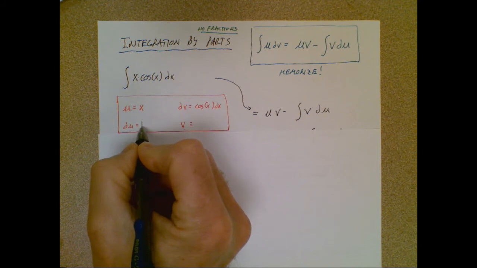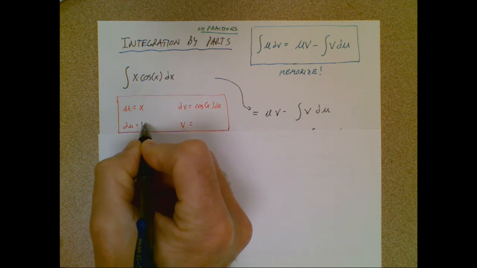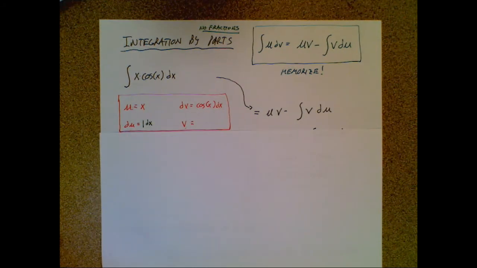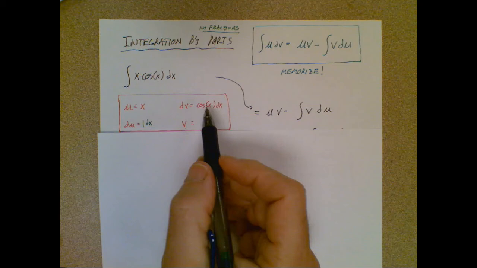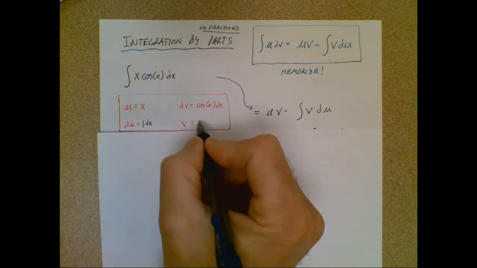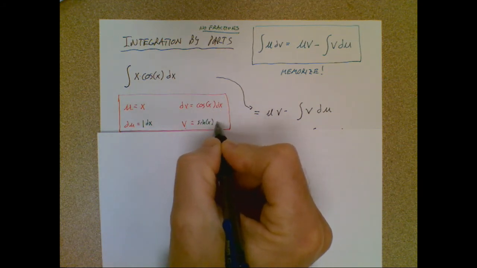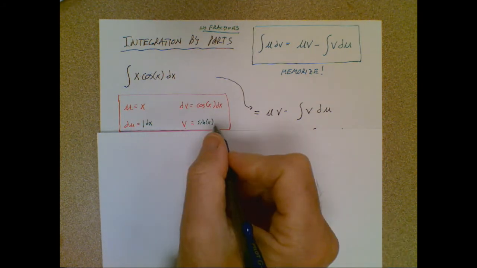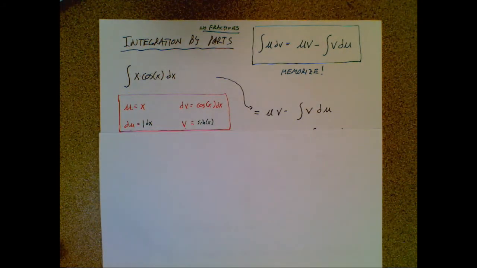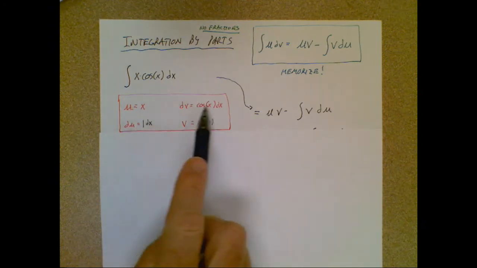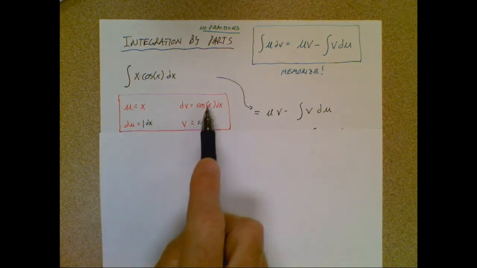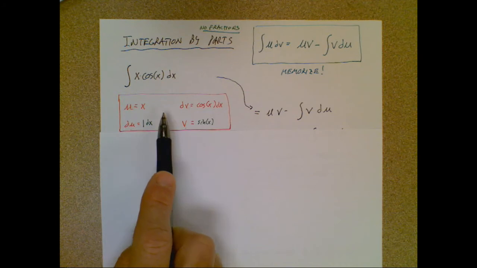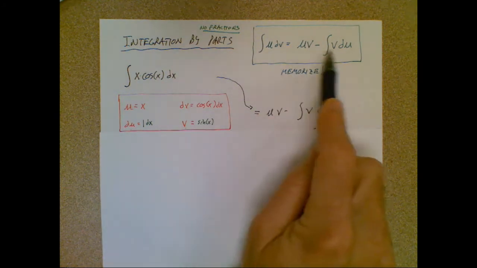You might say 1, and you're right, but it's really 1 dx, because I just took the derivative of an x term. And if I do the antiderivative here, it's sine of x, and you could write the plus c there if you want. I normally don't because it's going to show up later anyway. All right, I mysteriously selected these two. I did their derivative and their antiderivative. Once I've done that, I should have enough information to populate this formula.